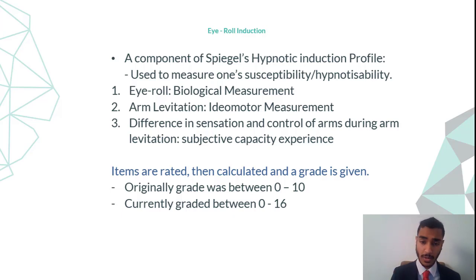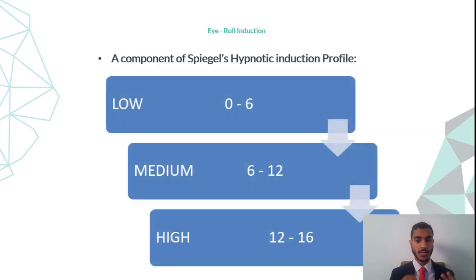Okay, so let's take a quick look at this grading system. So if your client gets a low value between 0 and 6 in this Spiegel hypnotic induction profile, this means that your client is harder to be hypnotized or is less susceptible to hypnosis.